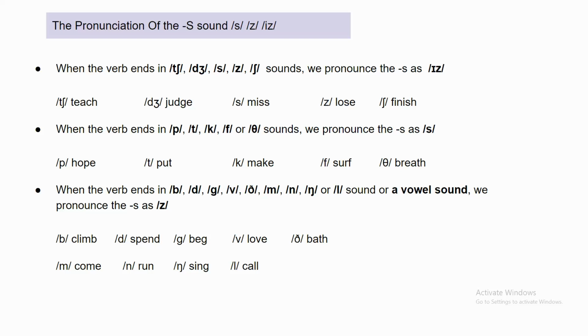The s sound we normally use with unvoiced sounds, like p, t, k, f. It's a little bit difficult. When the verb ends with an unvoiced sound, we pronounce the s as s.